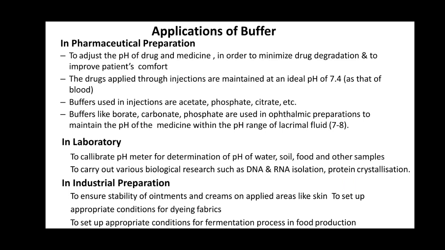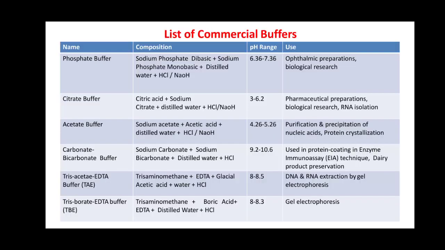And in industrial preparation, it's used to ensure stability of ointments and creams on applied areas like skin, to set up appropriate conditions for dyeing fabrics, and also to set up appropriate conditions for the fermentation process in food production. So these are the applications of buffer.